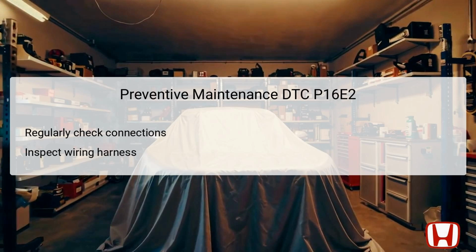It is also essential to inspect the wiring harness for signs of wear, fraying, or damage, as these can jeopardize communication within the LIN circuit. Keeping the alternator clean and free from corrosion will ensure that it maintains proper connectivity. Proactive maintenance practices like these can significantly reduce the likelihood of encountering similar issues in the future, providing peace of mind and reliability on the road.